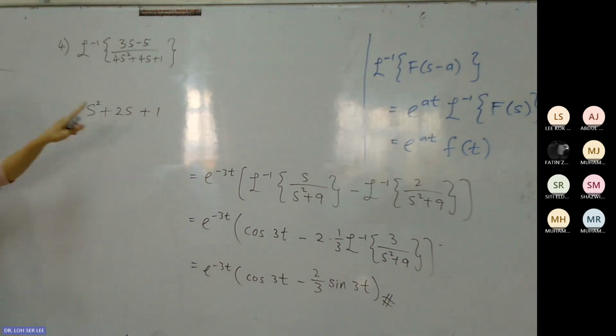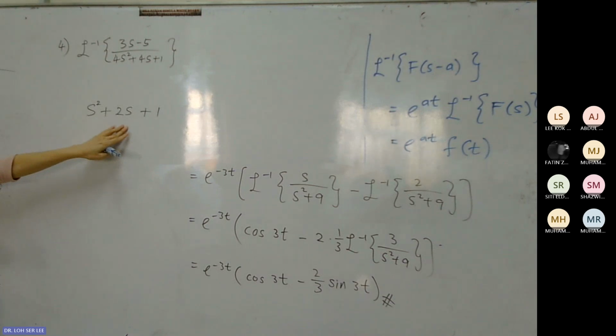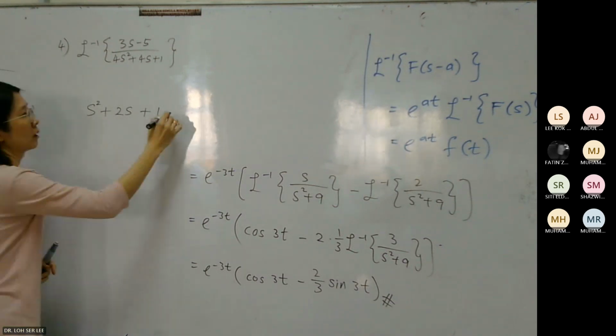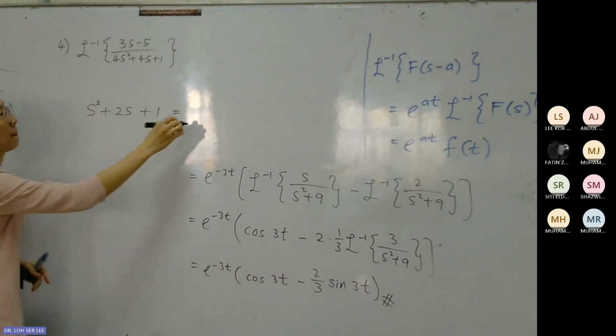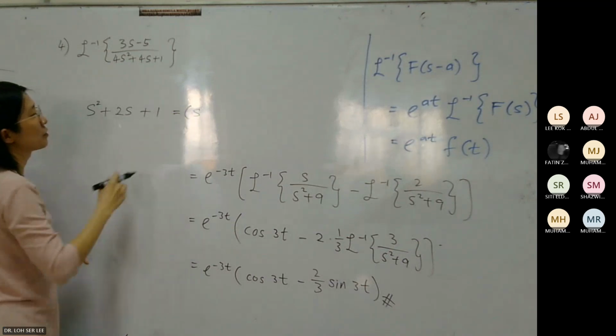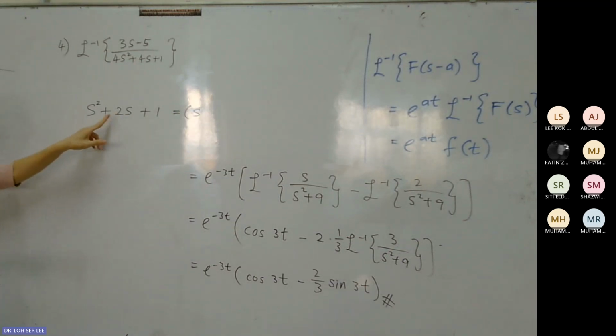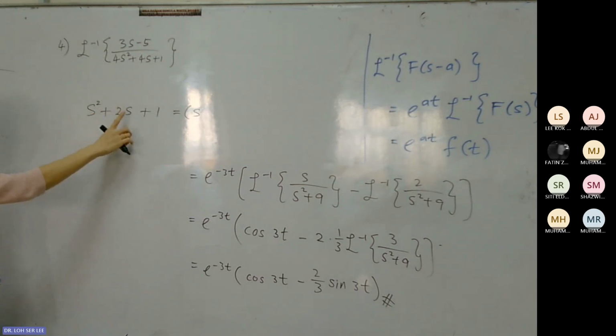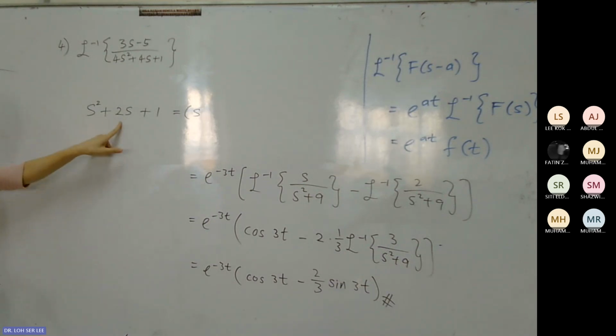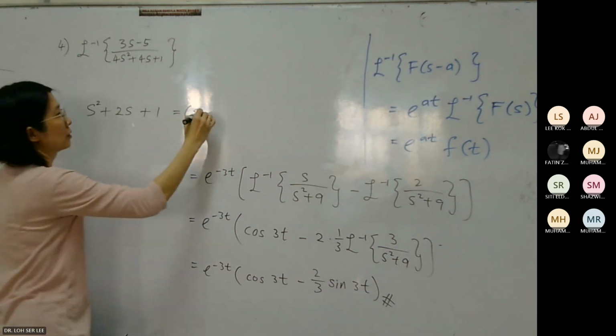Let's say for this quadratic function, we want to complete the square. So s squared, you just write an s, and then plus 2s. We take the coefficient of the s, which is plus 2. This coefficient we divide by 2, so plus 2 divided by 2, plus 1.